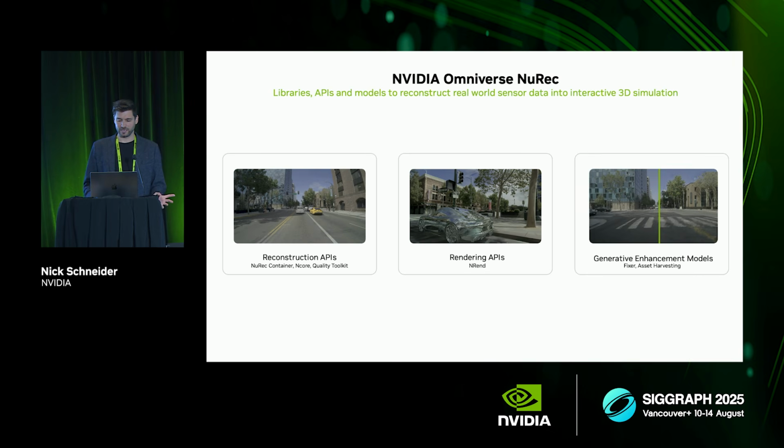This significantly speeds up reconstruction times compared to traditional NeRF-based methods. For rendering, we add ray tracing to improve the fidelity of the reconstruction using our 3D-GUT rendering algorithm. And finally, we have generative models such as Fixer, which I will talk about later, that fill in reconstruction artifacts for high-quality novel view synthesis.